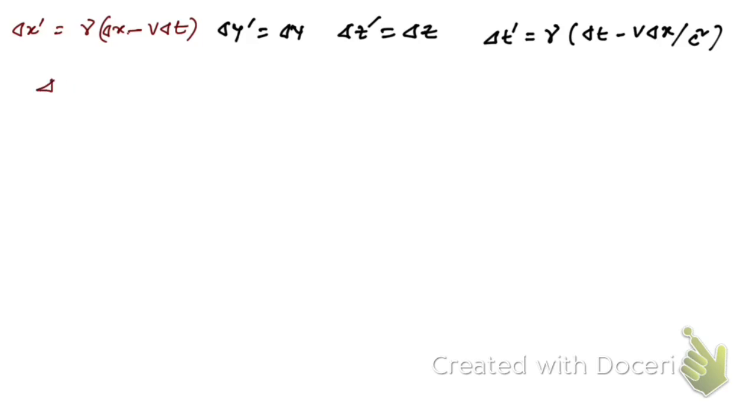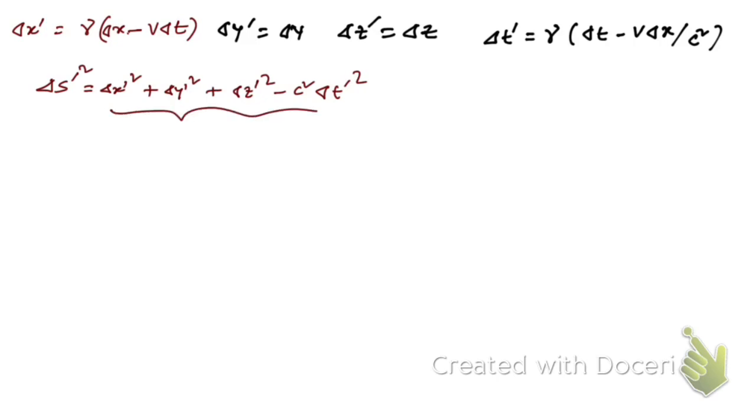As I have already mentioned earlier, del s dash square is equal to this, right? So now if we apply those transformations, and if we show that this is equal to del s square, then it will be proved that space-time interval is invariant under Lorentz transformation. So here, let us put the value of del x dash.